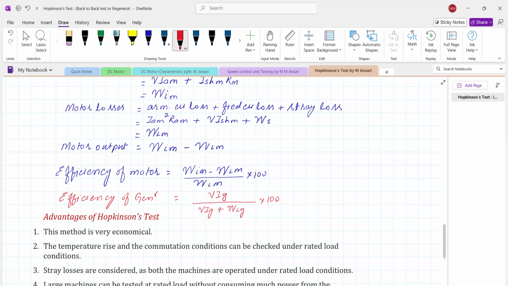We write the equation with the help of the circuit diagram as per the question, so it becomes very simple and very interesting also.